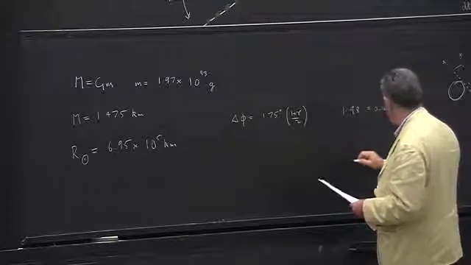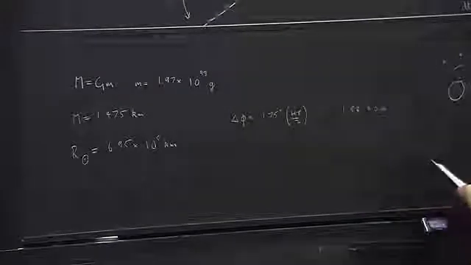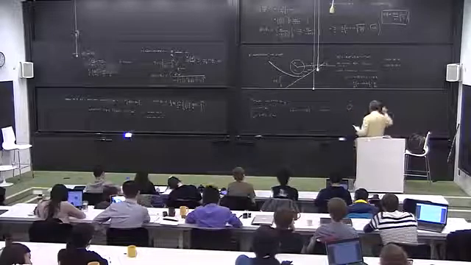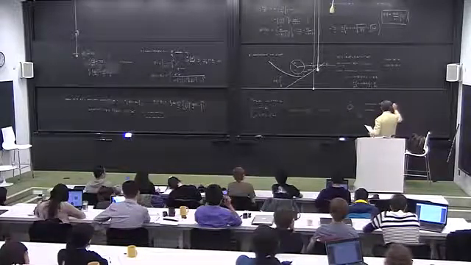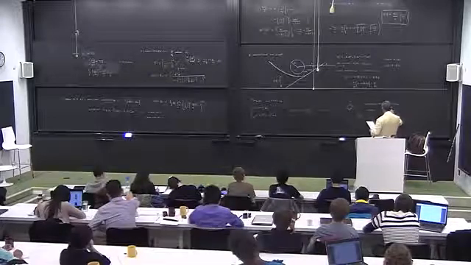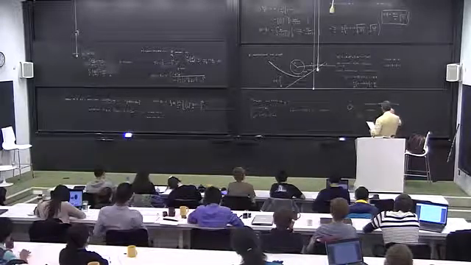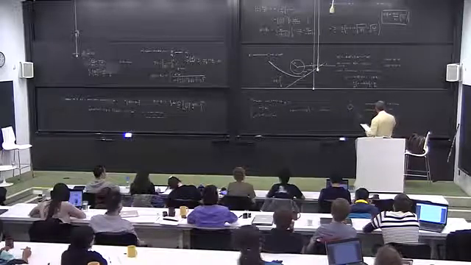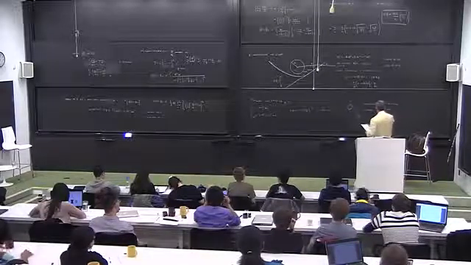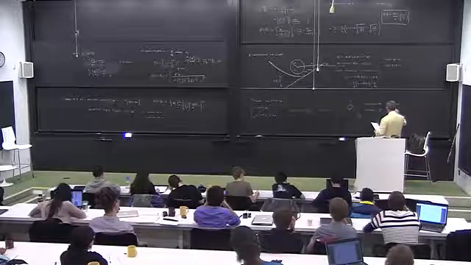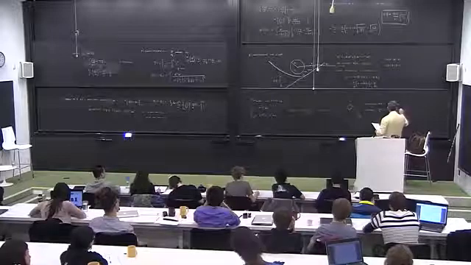And the latest is 1.007. This is 1 plus gamma over 2, plus or minus 0.009.